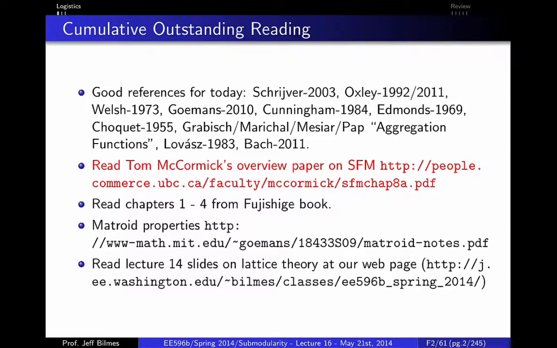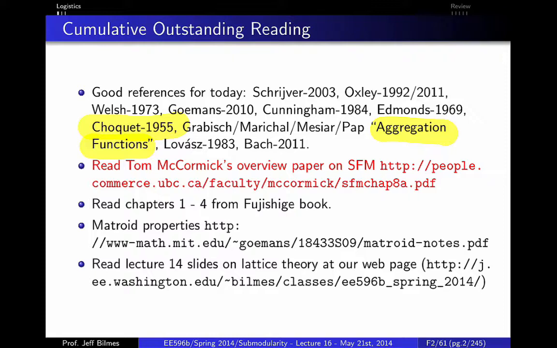Again, reading, I've added a couple of additional readings. So in addition to the ones that we've looked at, you may find Choquet's original 1955 paper on the Choquet integral, which is something that we'll be talking about at the end of today's lecture. This set of papers and actual books on aggregation functions.